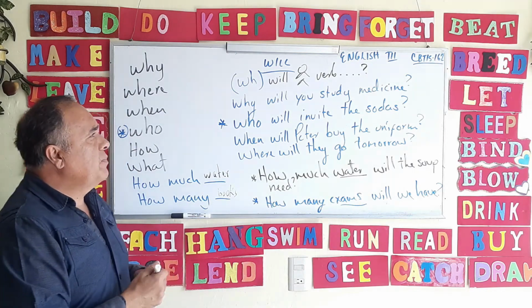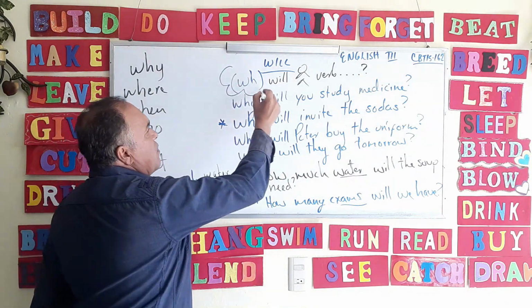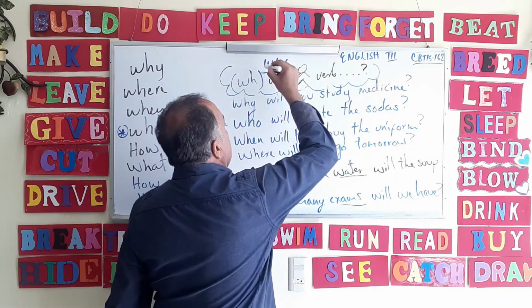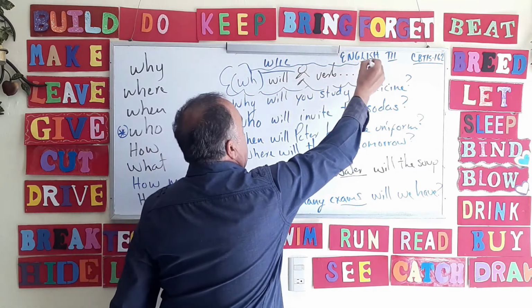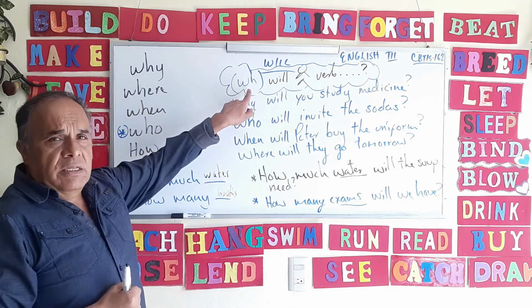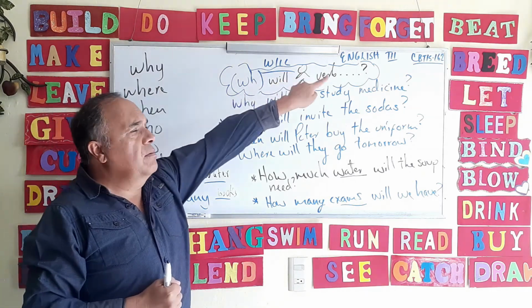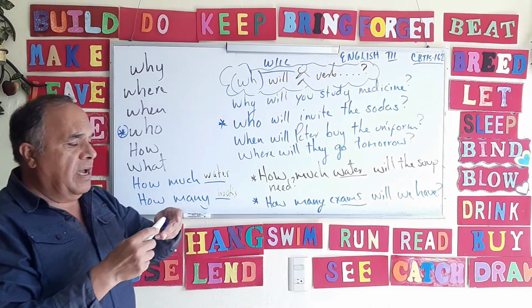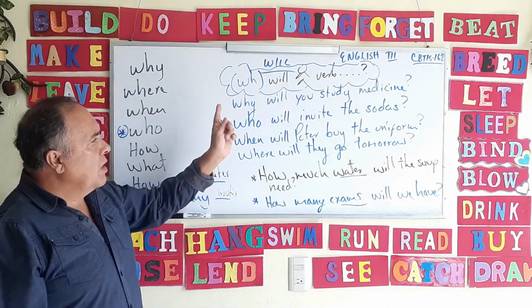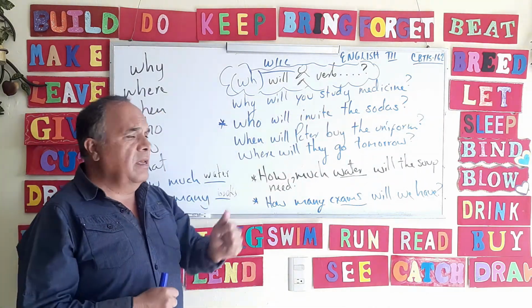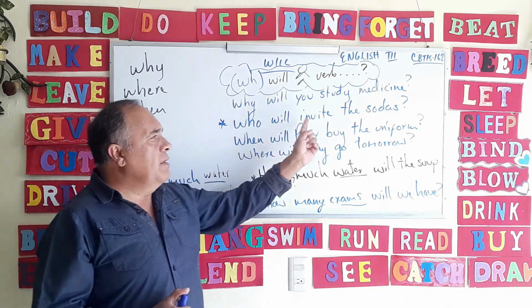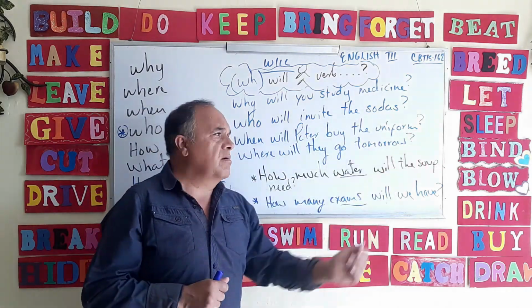So as you can see, this is my formula. We have a WH question, anyone you want, will, pronoun, verb, complement. We have some examples here. Why will you study medicine if you don't like it? Who will invite you to class? Peter.